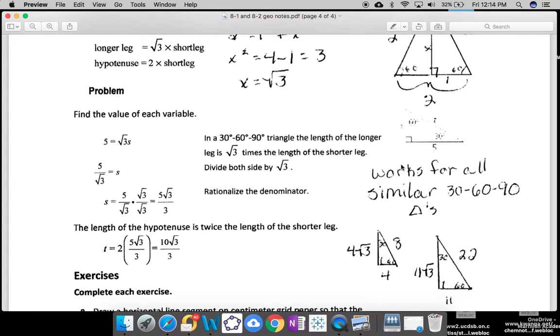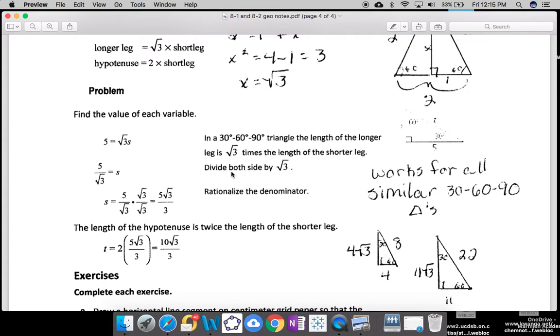Well, to go from short side to long side, I have to multiply by the square root of 3. To go from long side to short side, I simply divide by square root of 3. Similarly, to go from short side to hypotenuse, I double. If you're given the hypotenuse and you need to find the short side, just cut it in half.